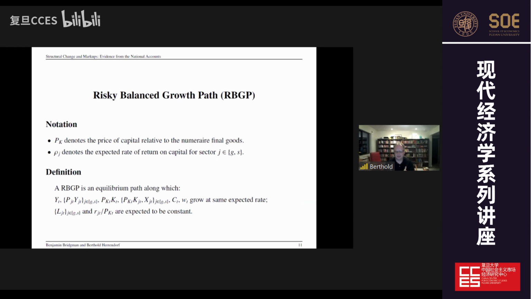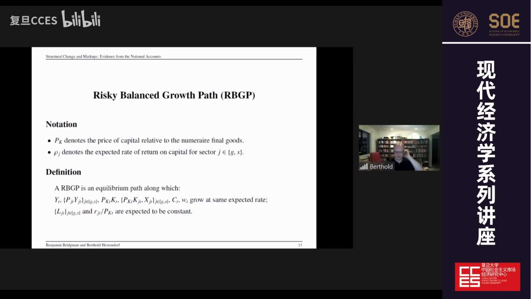So in particular, output, the value added of both sectors, the value of the capital stock in both sectors, investment, consumption, and wages grow at the same expected rate, except for this occasional disaster risk. Then you get it, and then everything keeps on growing. But in expected terms, you expect that to be 0.